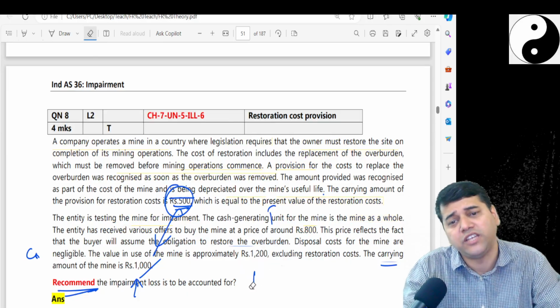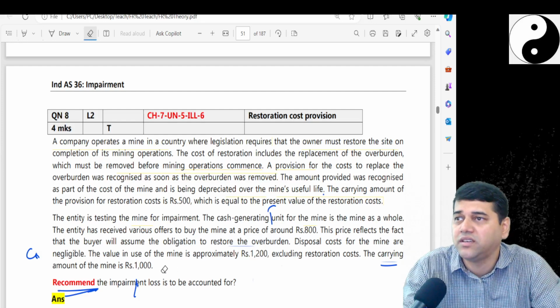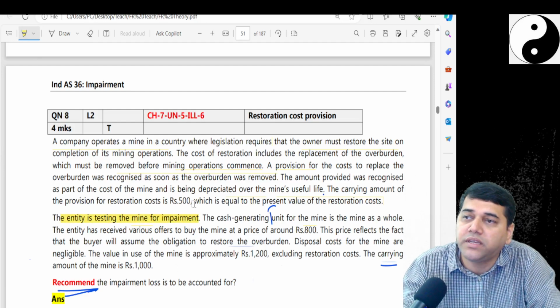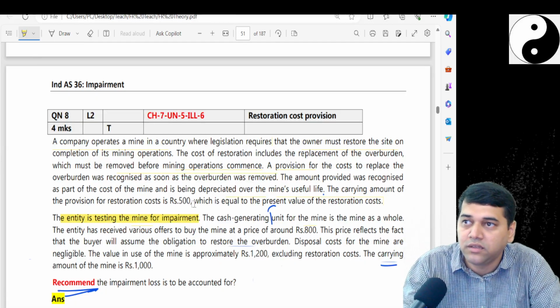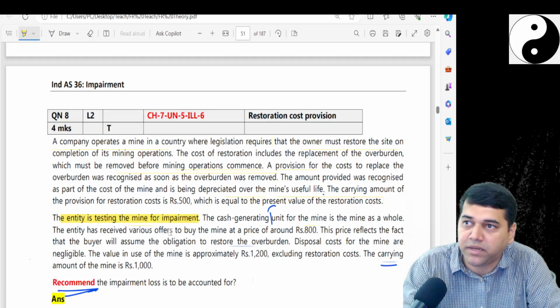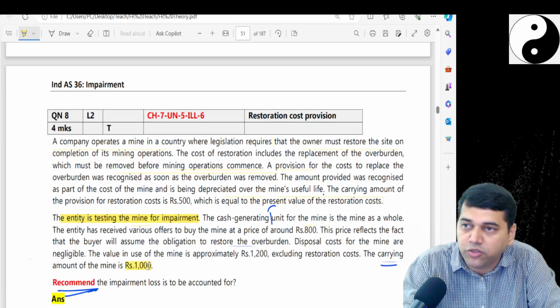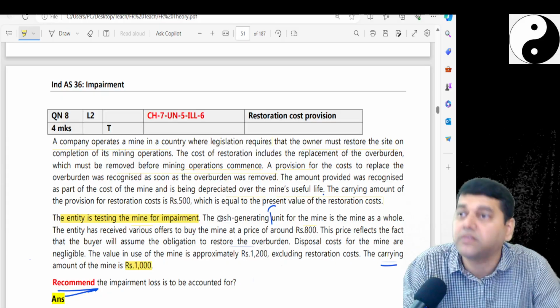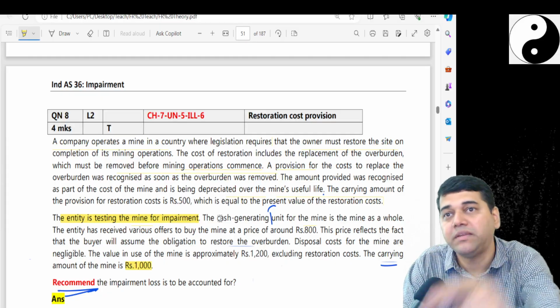Not there, that in future the amount got changed. Here, simply they said that entity is testing for impairment. What do you mean by that? There is an indicator. So, only one question I am going to ask you. When entity is testing impairment, will you impair 1000 rupees or will you impair 1000 minus 500 rupees? Why? Because this liability cannot be separated.